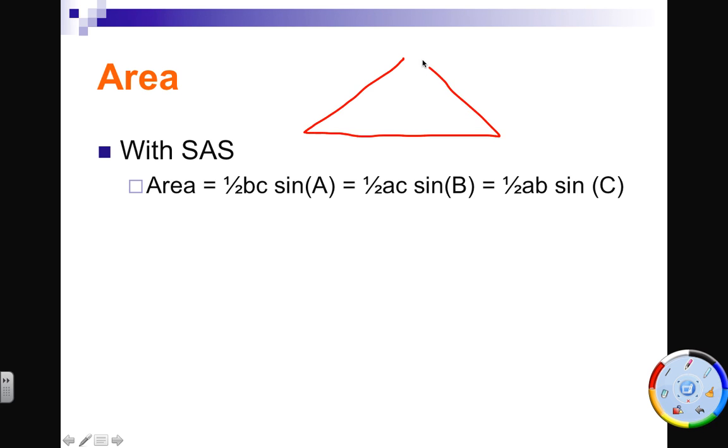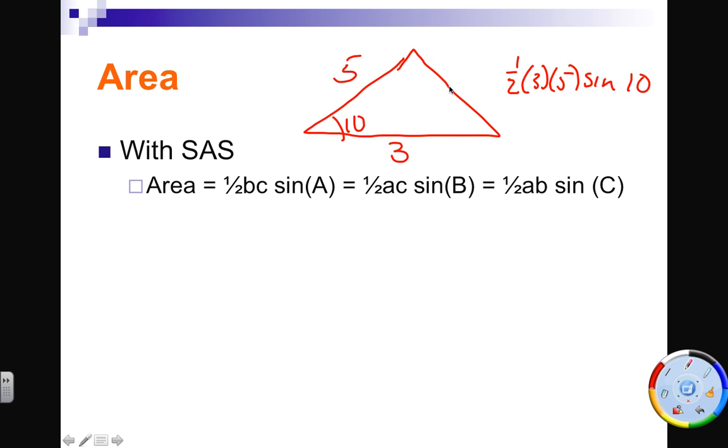So if I said, here I've got 3 and 5 and this is 10. All I have to do is 1/2 times 3 times 5 times the sine of 10.